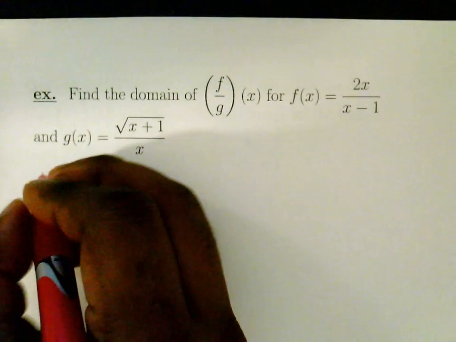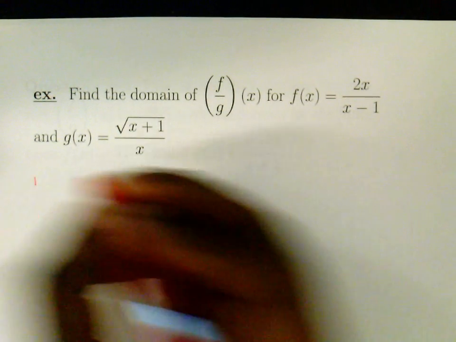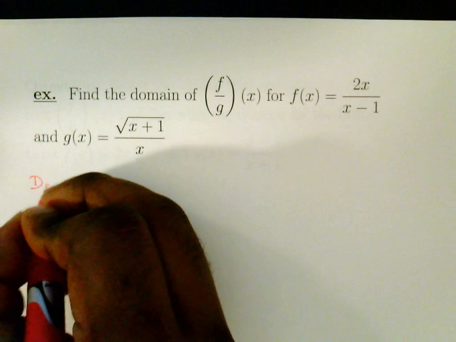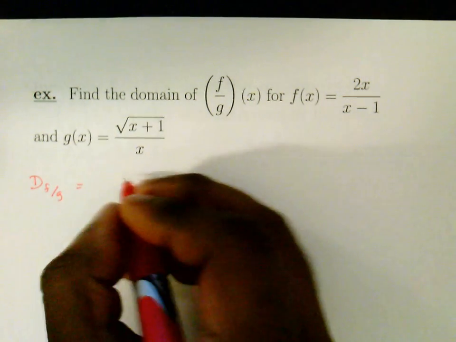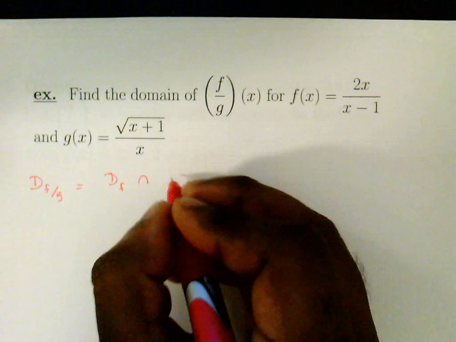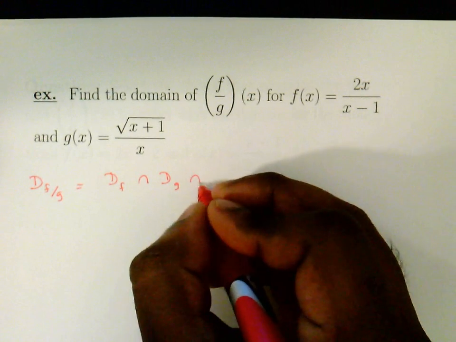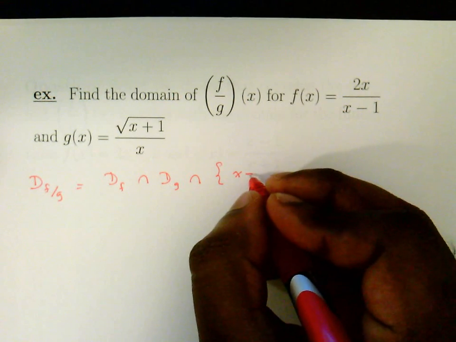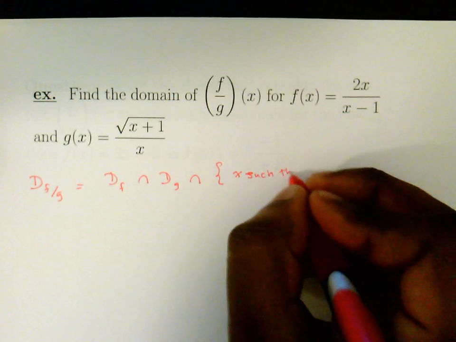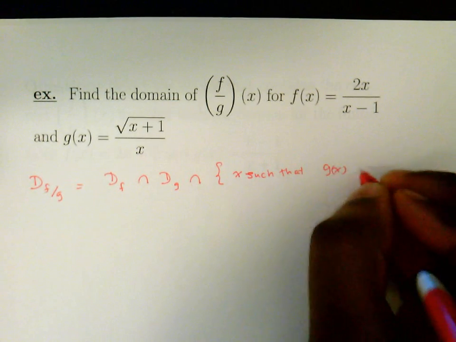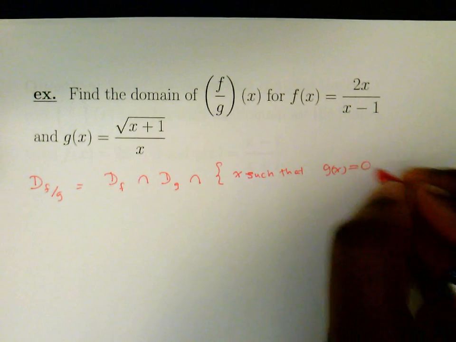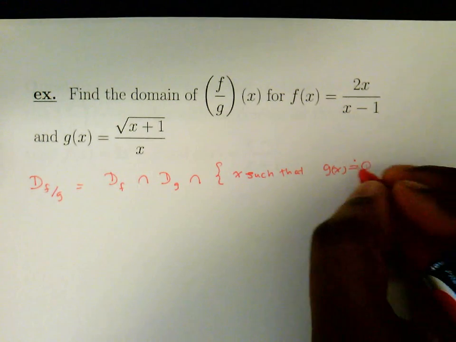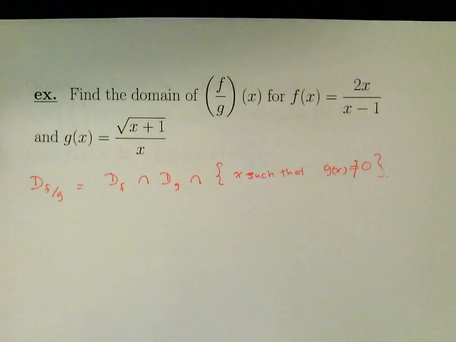Remember, the domain of f over g is equal to the domain of f intersection the domain of g intersection all the x such that g of x, the bottom function, is not equal to 0. So the bottom function cannot be equal to 0 as well.